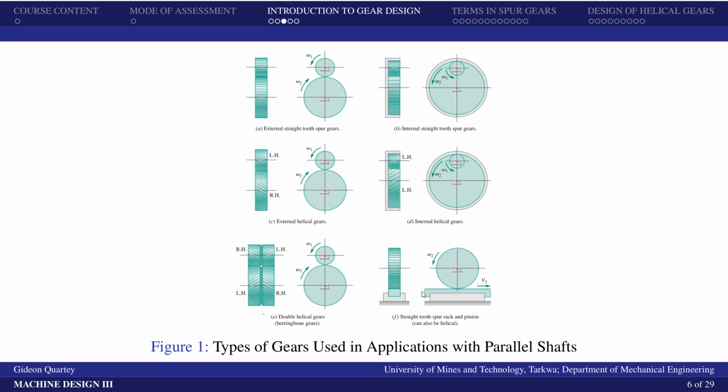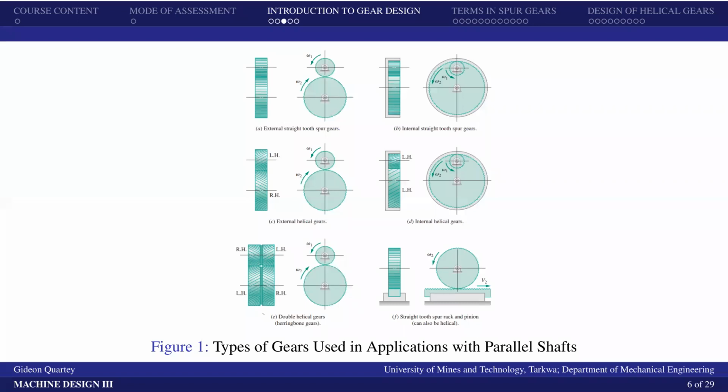It does not run on a shaft, but in a natural sense, that straight bar could be like an arc of a circle with its center at infinity. The axis of that bar is parallel to the axis of the pinion or the gear. So in such cases too, we could call it the parallel shaft arrangement.